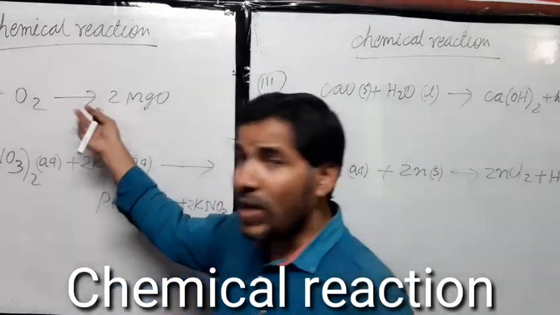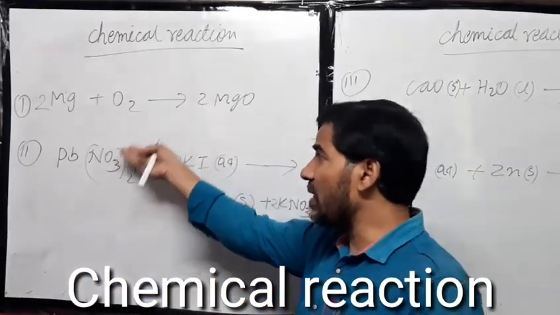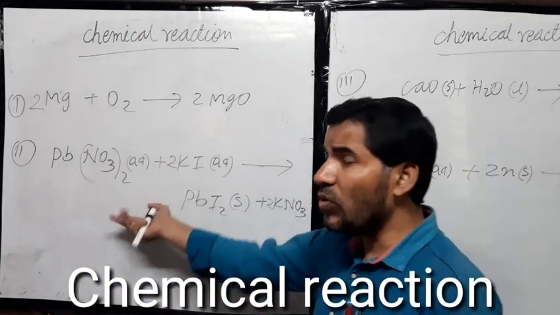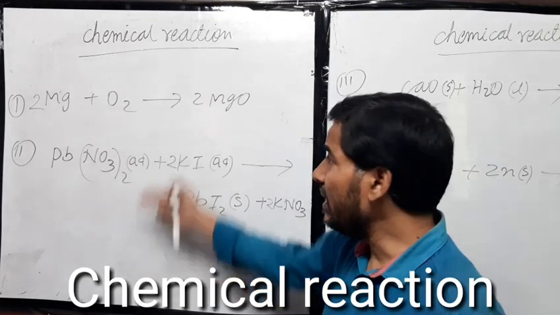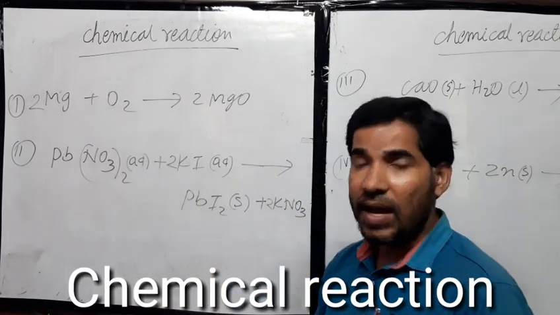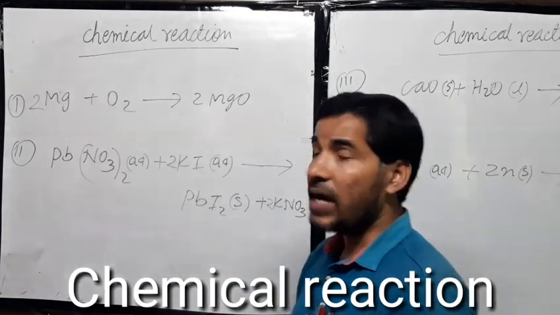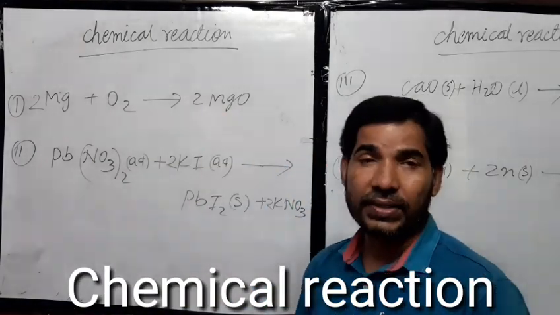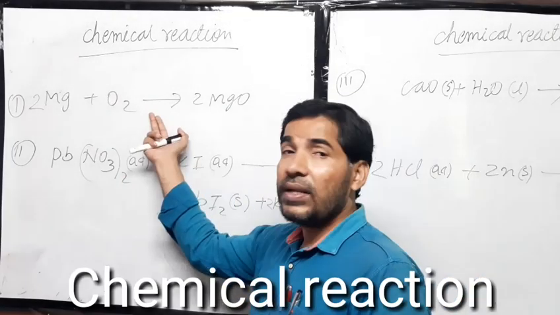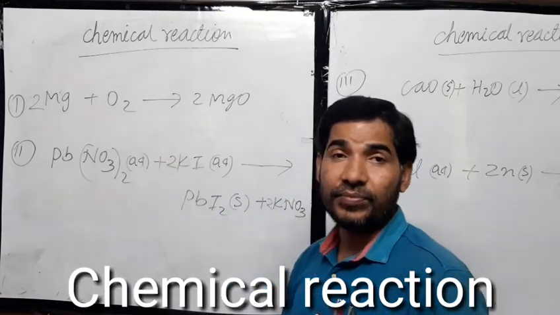You are seeing here, I have written something on the board. All are examples of chemical equations. In this equation, I have used the symbols of magnesium and oxygen, and the formula of magnesium oxide. It is an example of a chemical equation.